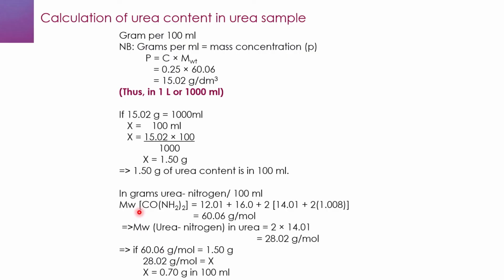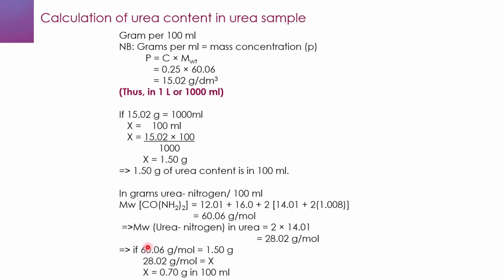So the molecular weight of urea: this is carbon with a molecular weight of 12.01 plus 16.0, which is for the oxygen, plus in bracket the atomic mass for the nitrogen, which is 14.01, times 2, plus 2 of the hydrogen. If you do this, we will see that the molecular weight for the urea is given as 60.06 grams per mole.